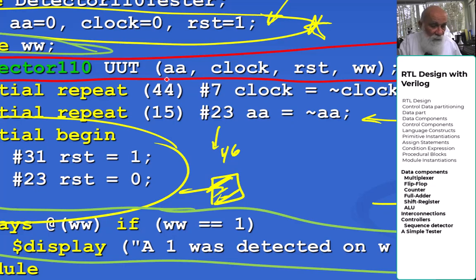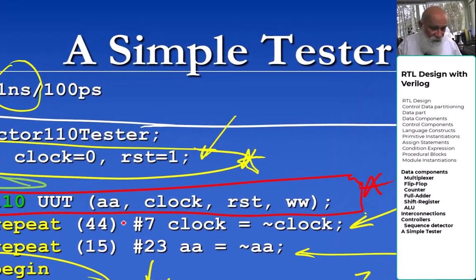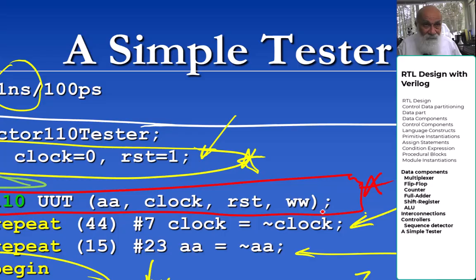Notice that I'm doing ordered port connection, meaning AA connects to A, clock connects to CLK, RST connects to reset, WW connects to the W output.